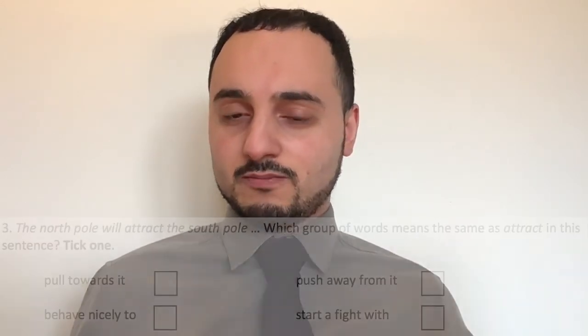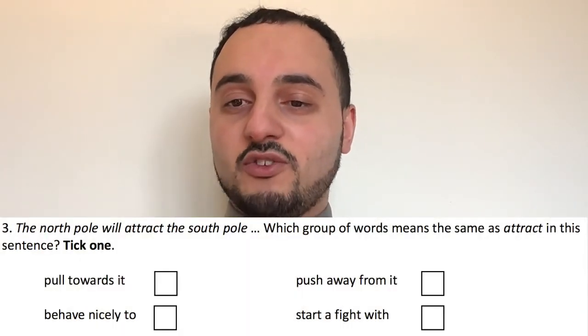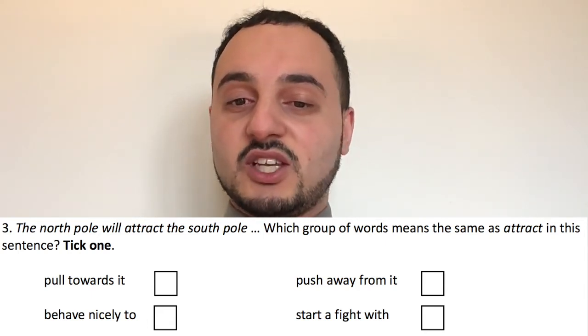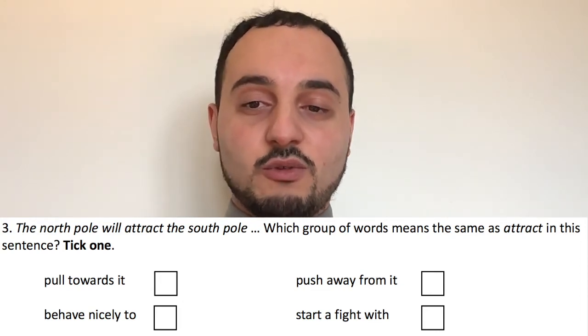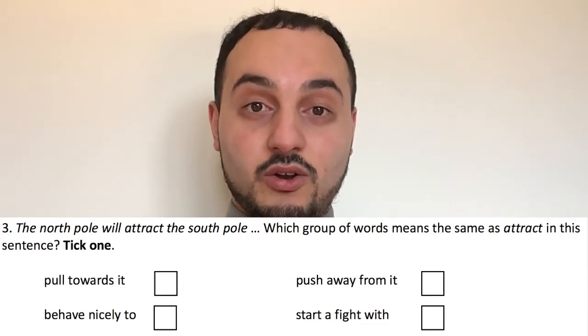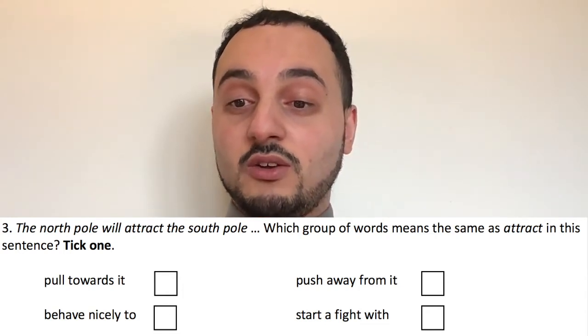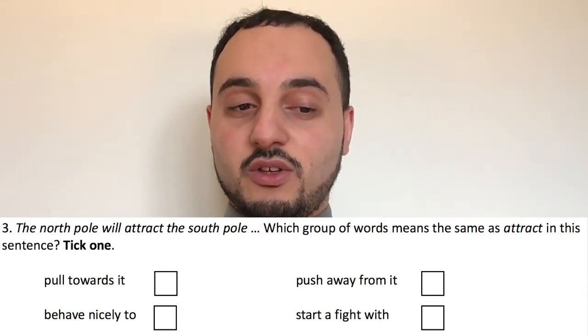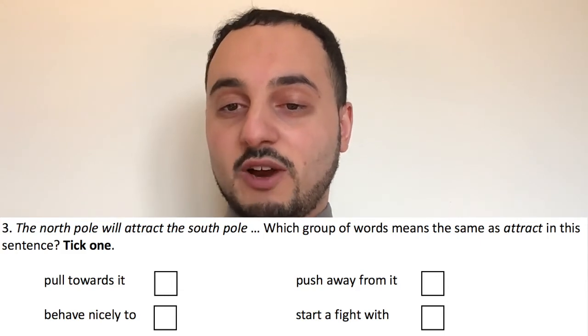Right, question 3. The North Pole will attract the South Pole. Which group of words means the same as attract in this sentence? Tick one. So we've got pull towards it, push away from it, behave nicely to, or start a fight with. So, the North Pole will attract the South Pole.